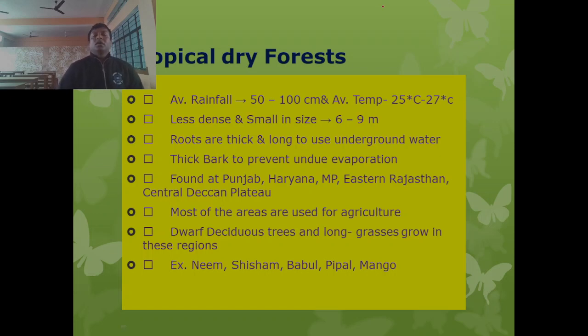The forest cover of this tropical dry forest is very low, and the major trees in this area are neem, shisham, babool, peepal, and mango. This is the tropical dry forest.